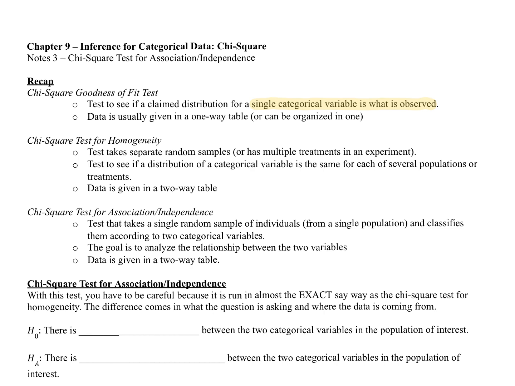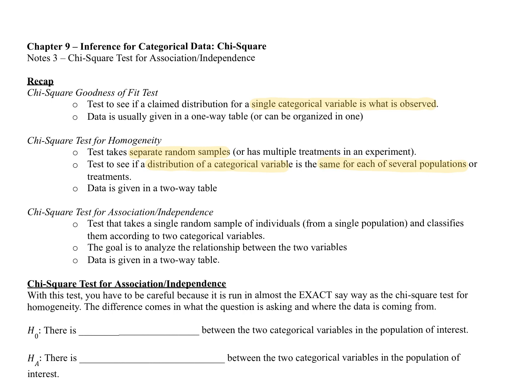And usually data is given in a one-way table, or you can organize it as one. Then we talked about the chi-square test for homogeneity, which takes separate random samples or multiple treatments, and it tests to see if a distribution of categorical variables is the same for each of several populations or treatments.